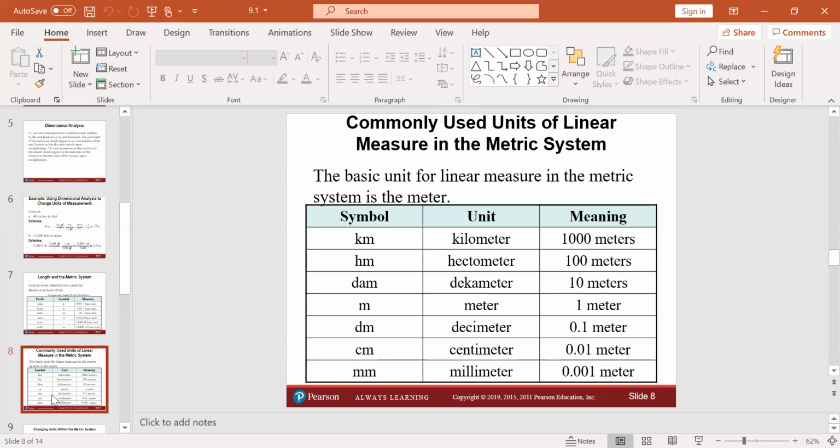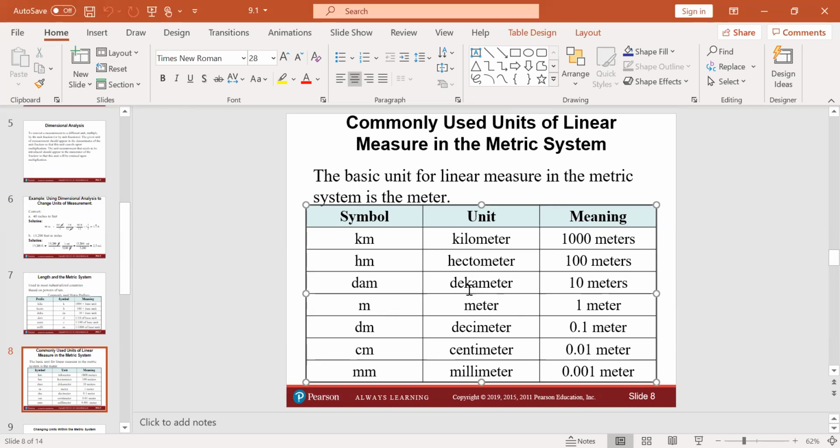In the metric system, we have some things called prefixes. A meter is the base unit of length in the metric system. A meter is a little bit, I think, more than 3 feet, just a little over 3 feet long. That's their base unit they use. That does not have a prefix on it.